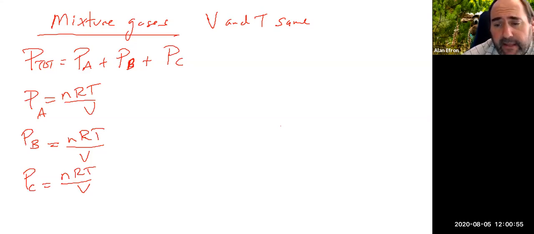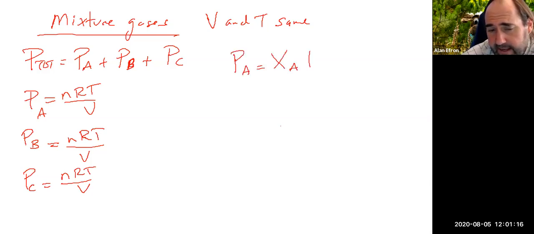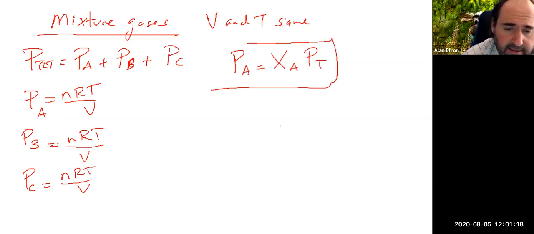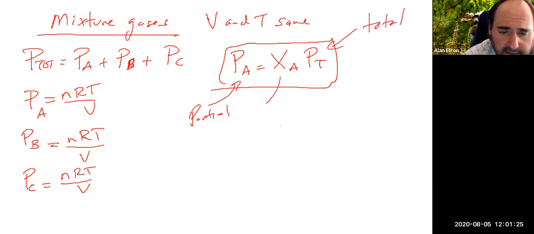Now, if you don't have enough information to use the ideal gas law, this is again a place where we saw our mole fraction that we could use. And that formula is P of A equals X of A times P total. This is our partial pressure of a gas, this is our total pressure, and this again is our mole fraction like we talked about.